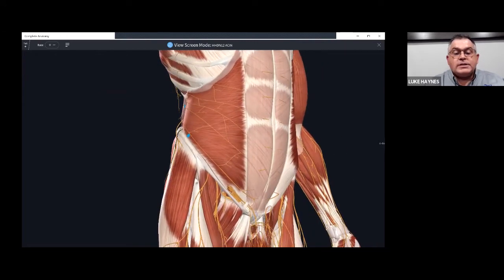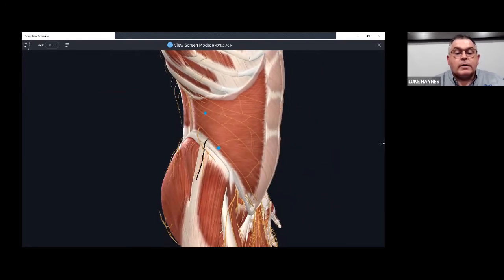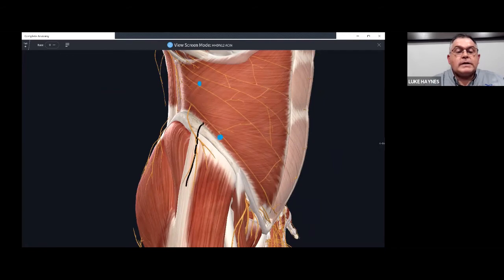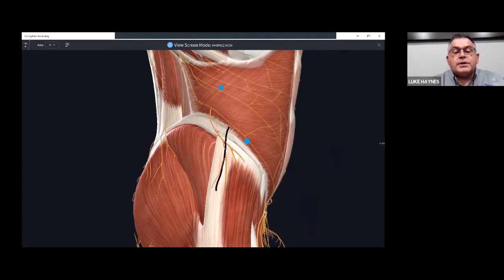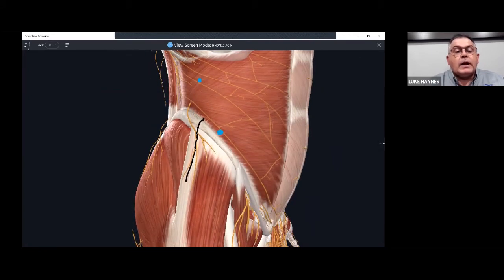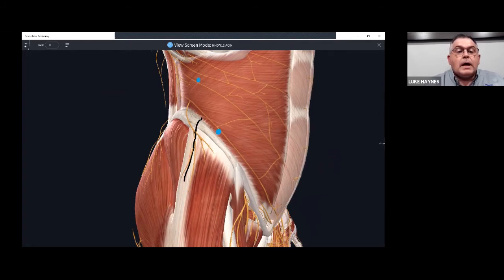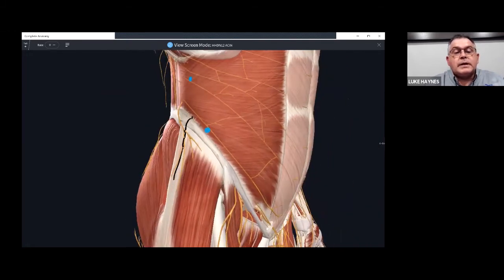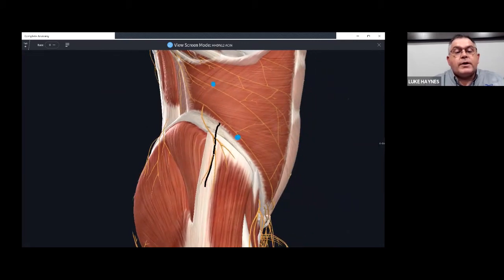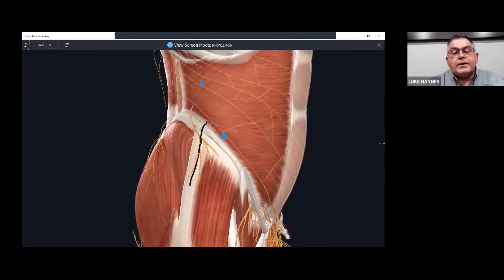Okay, so for the anterior cutaneous iliohypogastric nerve, very similar to what we did for posterior, but here, and I've got the oblique still, it's there, it's just hidden, but it's present, and you can see the anterior nerve traveling forward or anteriorly.